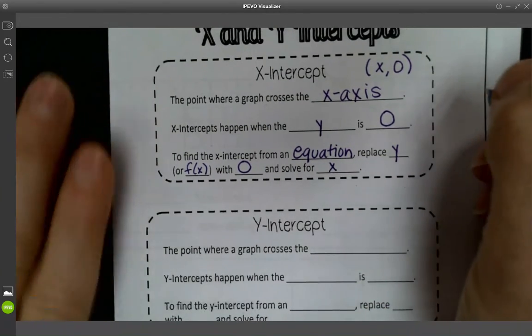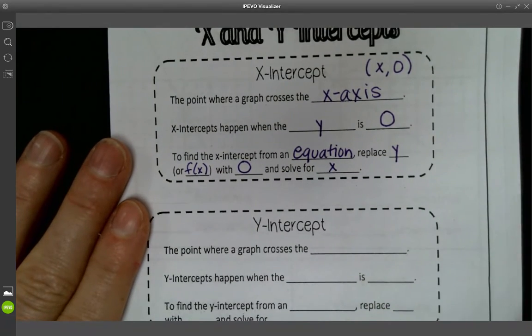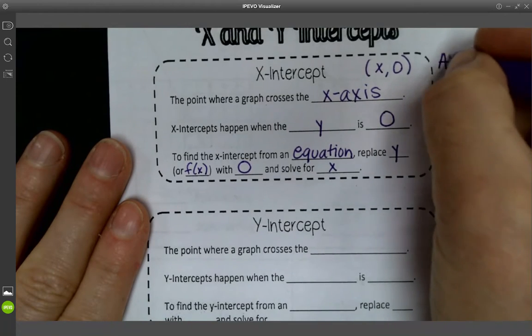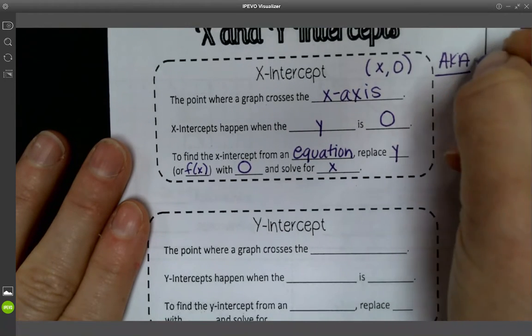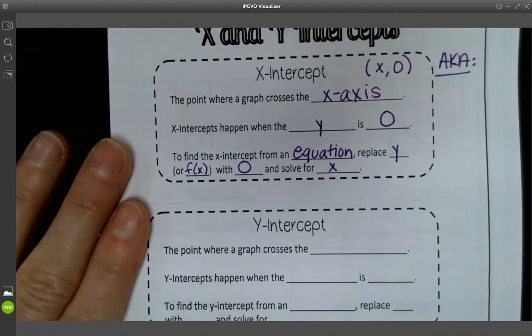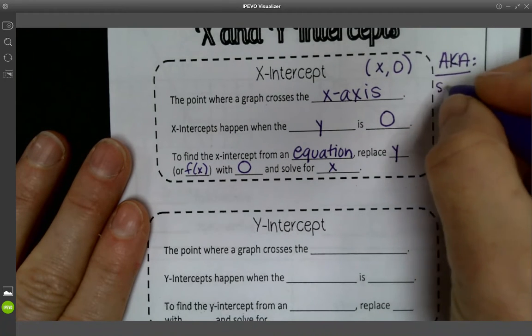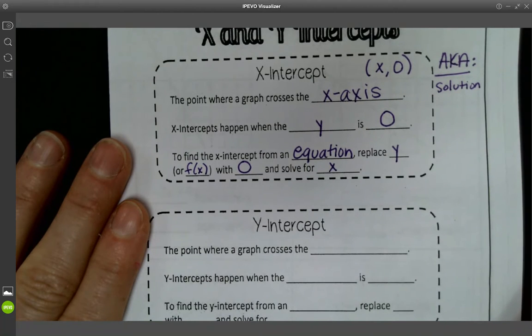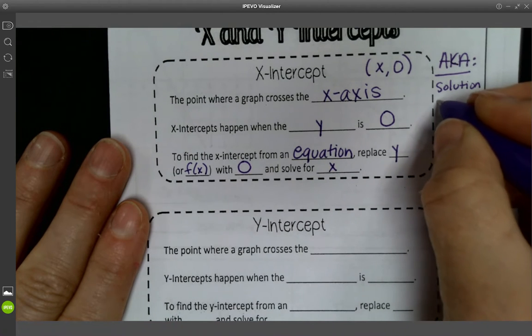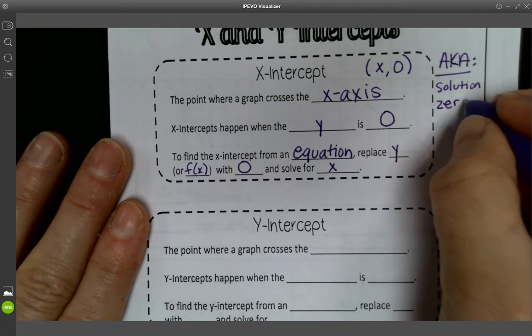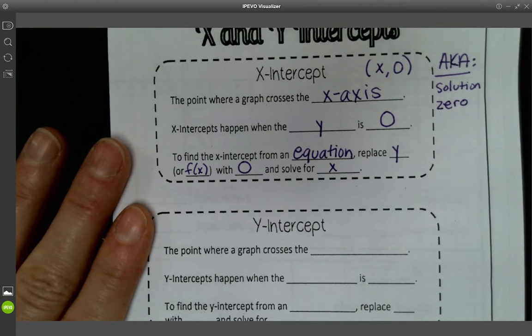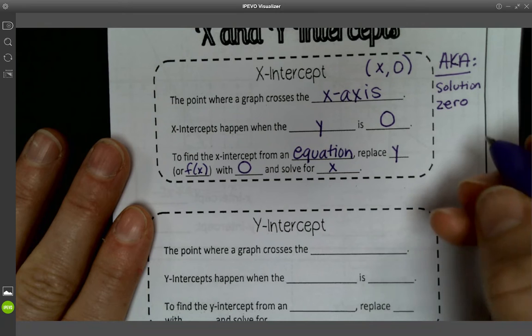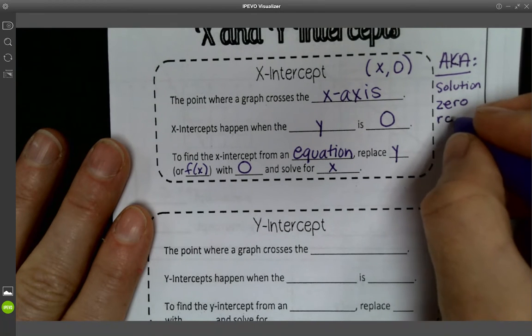The deal with x-intercepts is that it has more than one name. So it's going to be aka, also known as, a solution. What is the solution to the graph or to the equation? You're finding out what x equals. It can also be the 0 of the function, or the root of the function.